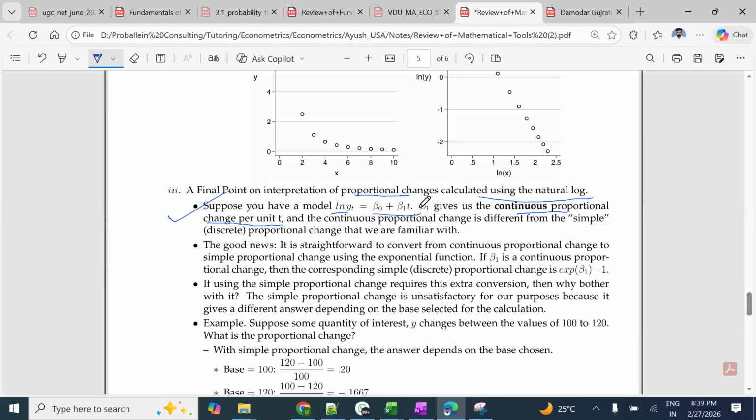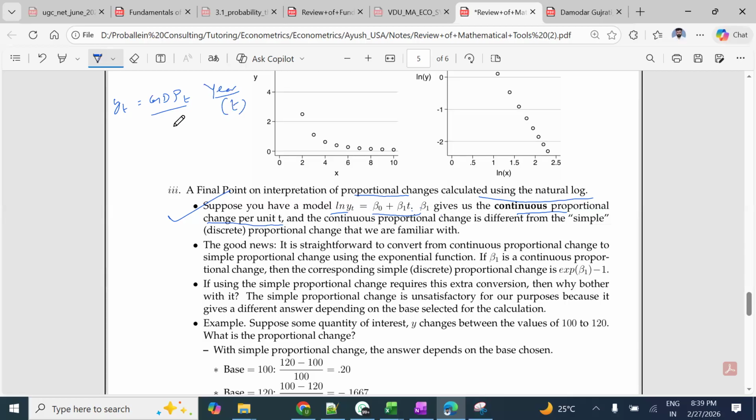T is basically the time period. For example, let's say that yt is your GDP. You have GDP data for various years, so year is your t.